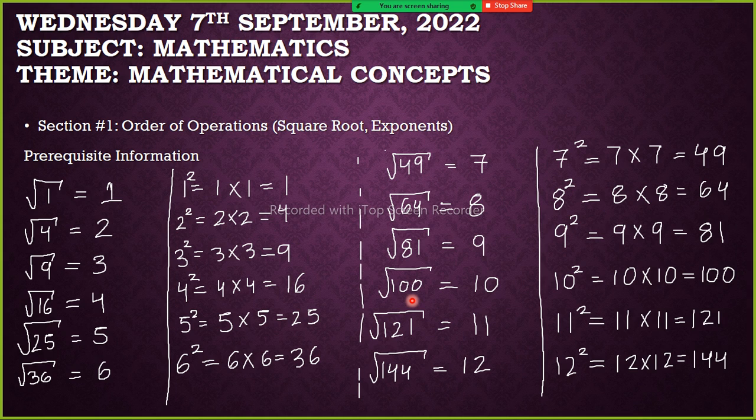Perfect squares. Because when you take the square root of them, they give us an exact or whole number. All right, that's what we mean by perfect squares.